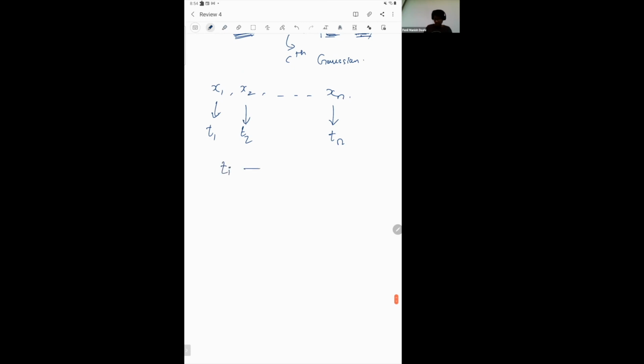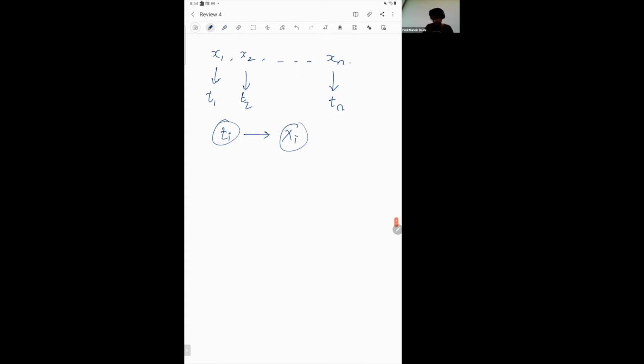So this is our probabilistic graphical model: this is a latent variable, and this is a seen variable.